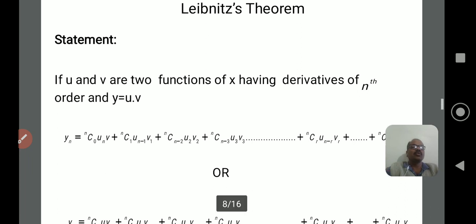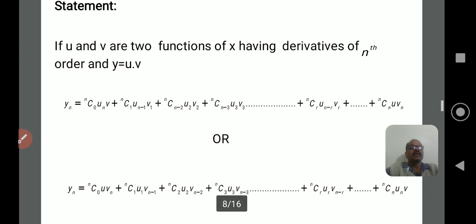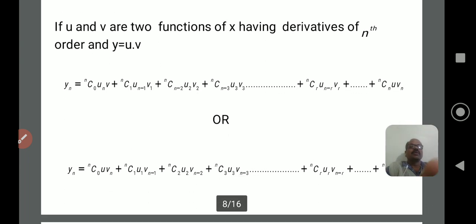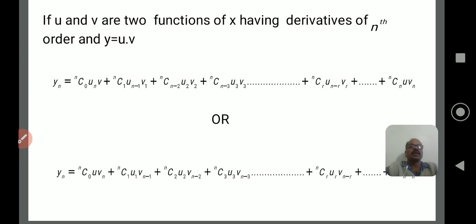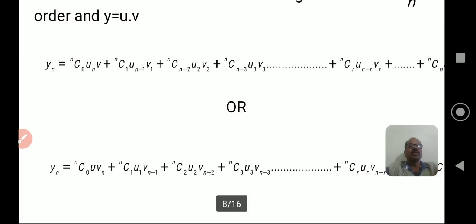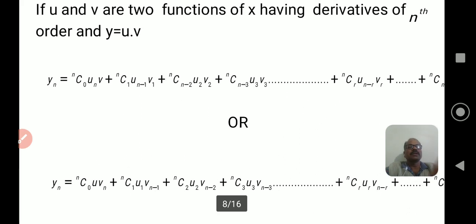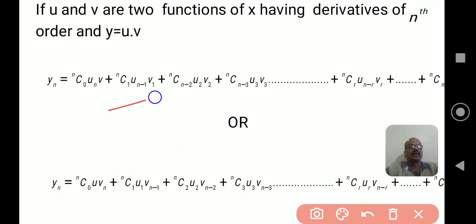That is the reason. u and v are two functions of x having derivatives of nth order. You are multiplying these two, y is equal to uv. Observe the result, it is very simple. yn is equal to un v plus nC1 un minus 1 v1, that is, nC0 binomial coefficient times the nth derivative of the first function into the second function, then nC1 into un minus 1, reducing the derivative of the first function and increasing the derivative of the second function.